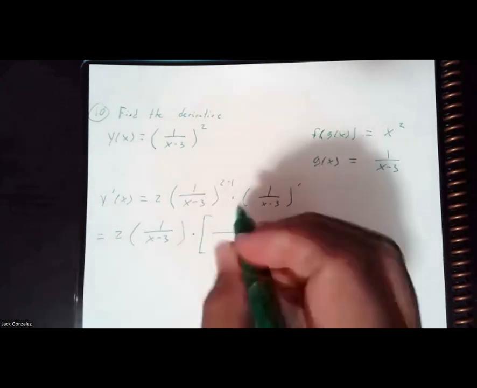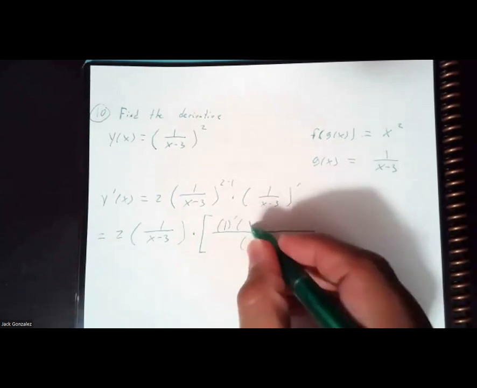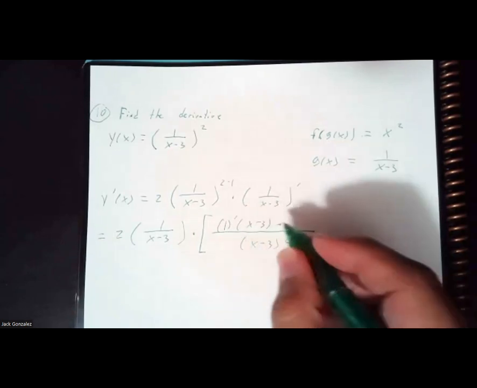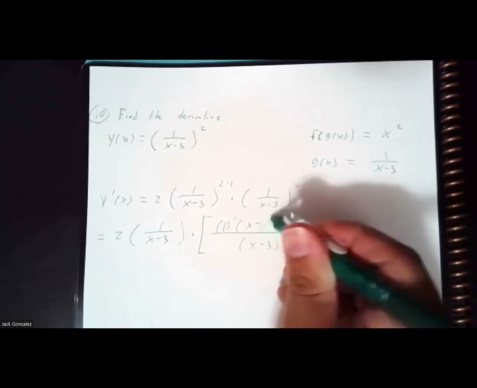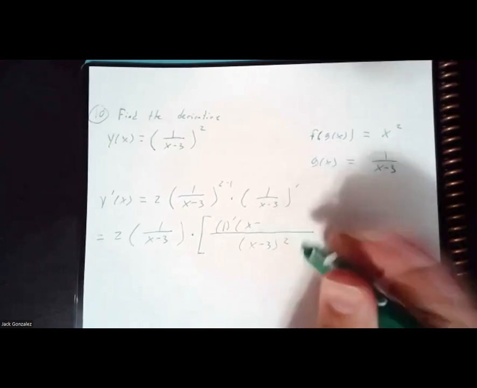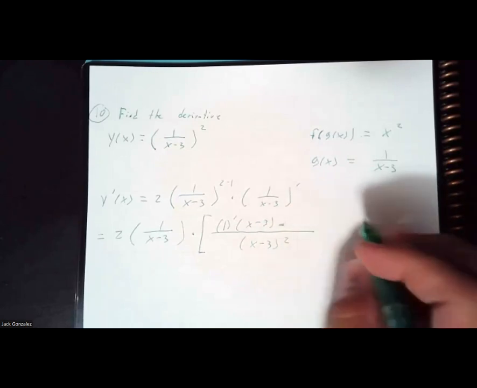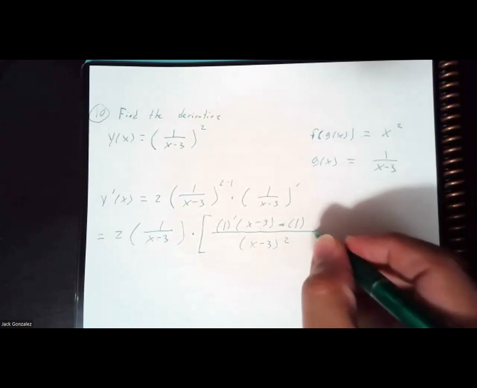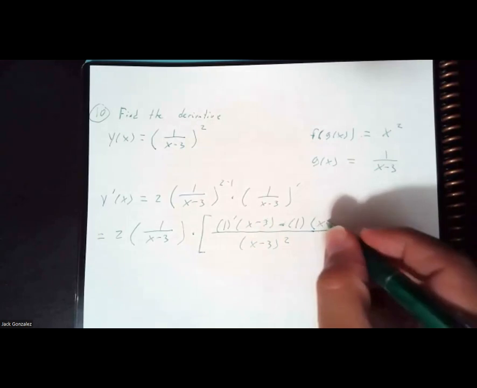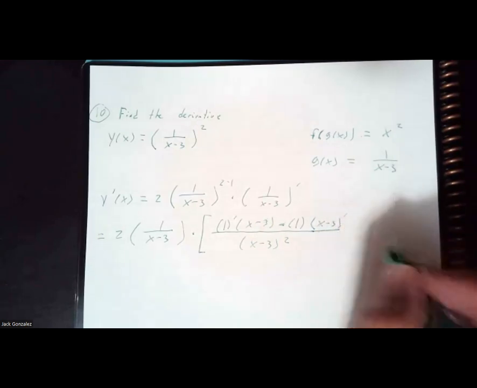So the derivative of the top times the bottom minus the top times the derivative of the bottom. There you go.